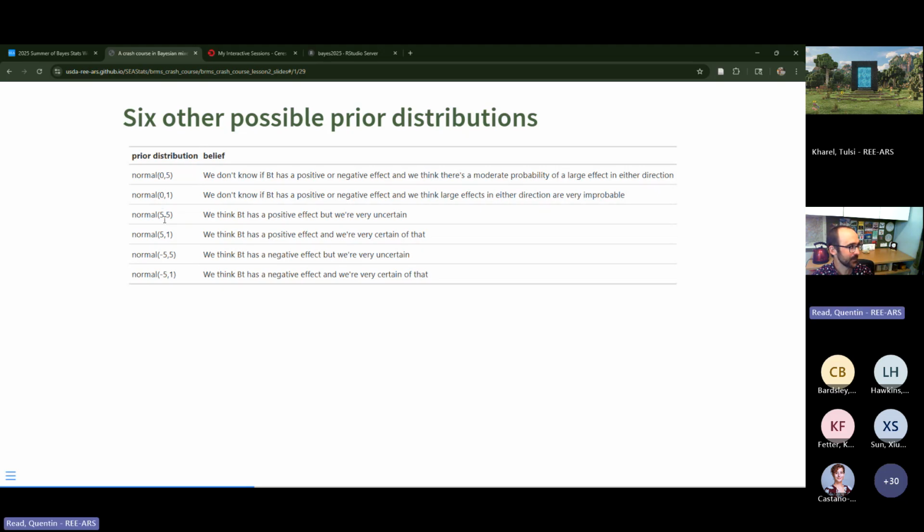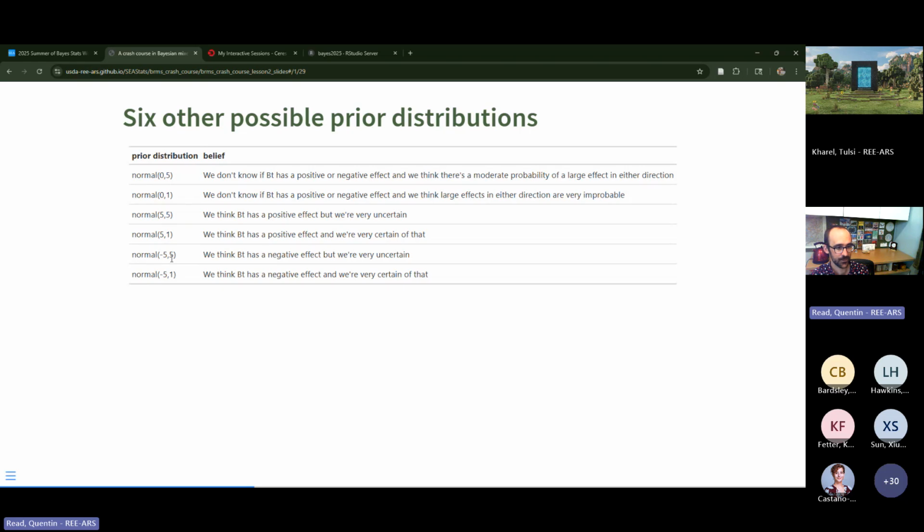You could say normal with a mean of 5, standard deviation of 5. We think that BT is going to have a higher abundance, but we don't really know, so we're putting a high standard deviation. If you did 5 and 1, you say, well, we think it's going to have a higher abundance, and we're very certain. We think that the likely effects are going to be right around 5. And of course, you could do the opposite with negative 5 as the mean.